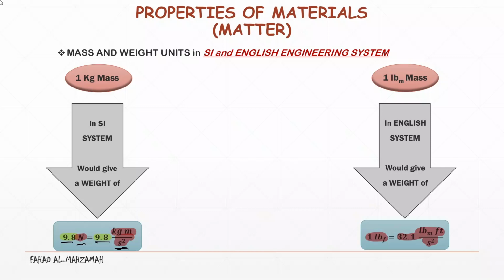However, in the English engineering system, the value of 1 pound force is equal to 32.1 pound mass feet per square second. So as you can see, in the English system, they changed the expression of the unit and the value.